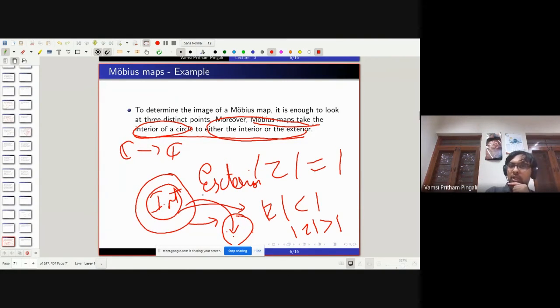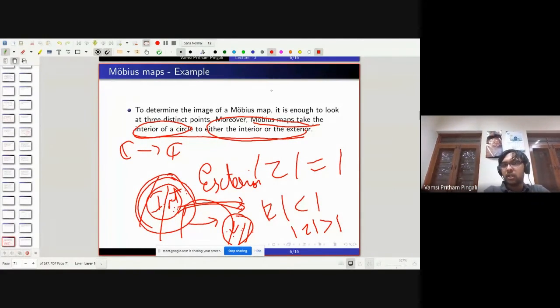If I have a circle, and suppose the circle goes to another circle under the Mobius map, then the interior either goes inside this circle or outside. In other words, this goes completely here. That is, this is a one-to-one onto map here or a one-to-one onto map to the outside. Now, this is obvious for special examples, right?